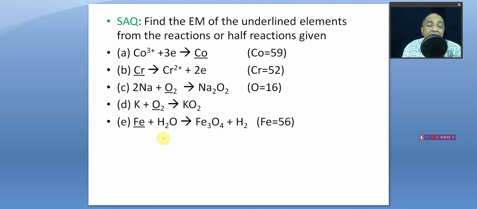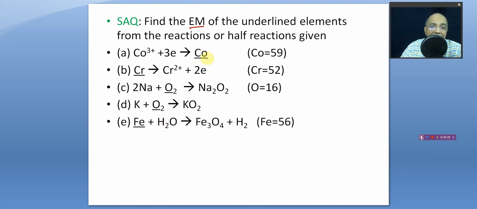Now here are some questions for you. You can pause the video now and find the equivalent mass for yourself. We have taken this short notation EM for the underlined elements from the reactions or half reactions given. Doesn't matter whether it is a half reaction; these 2 are half reactions and these 3 are full reactions.